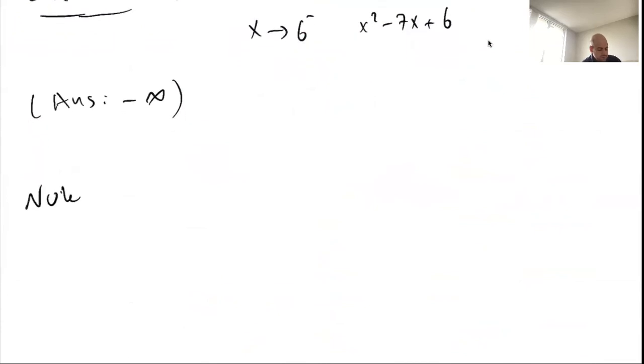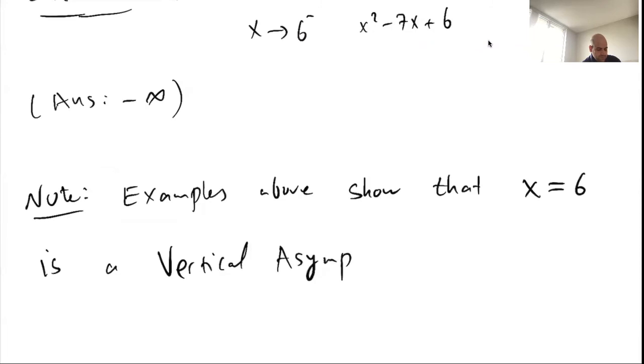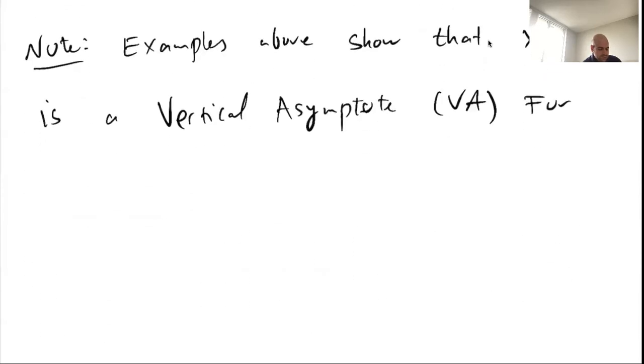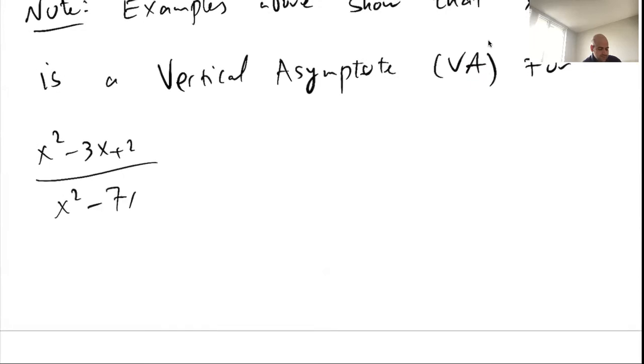So note, the examples above show that x equals 6 is a vertical asymptote, or VA, for this function x squared minus 3x plus 2 divided by x squared minus 7x plus 6.